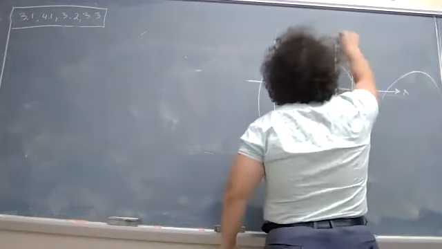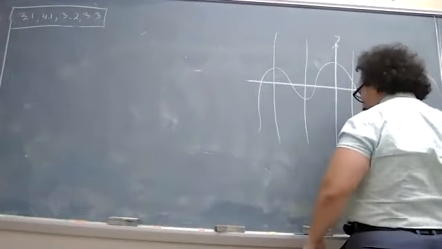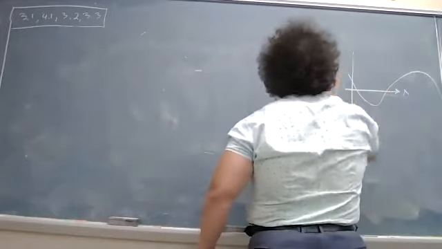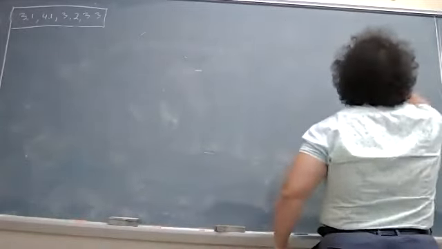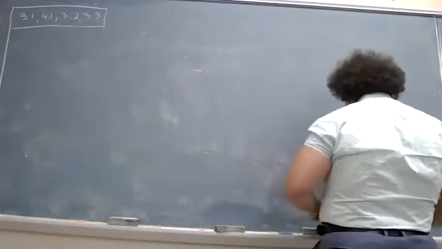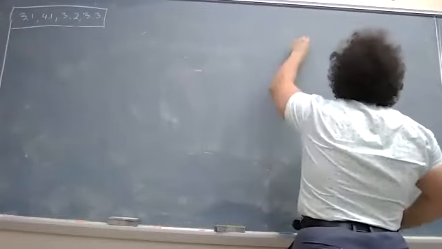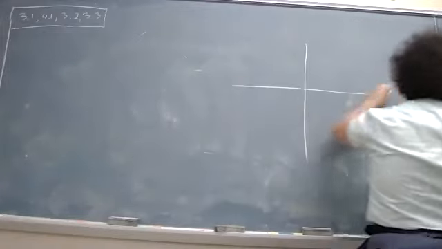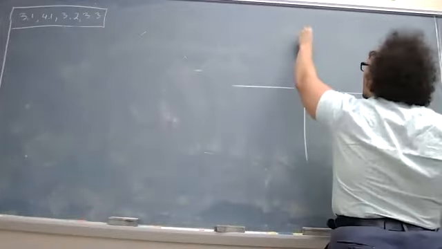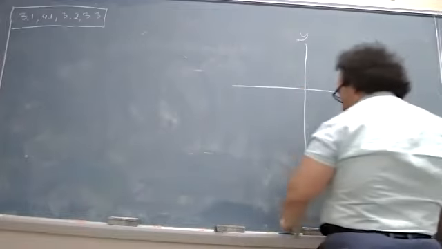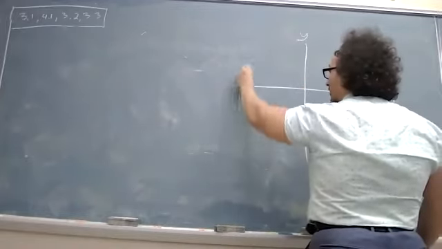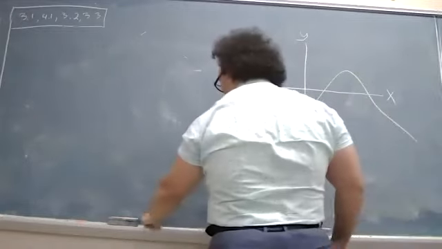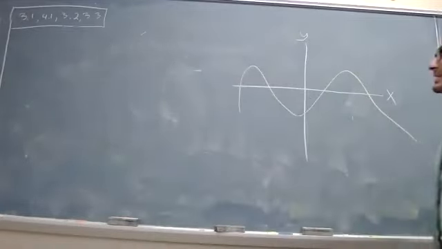Actually, what I could do is let me redo this so it's more intuitive here. I'll do the axes in white, I'll do the function in yellow, and let's do the vertical line test in red.